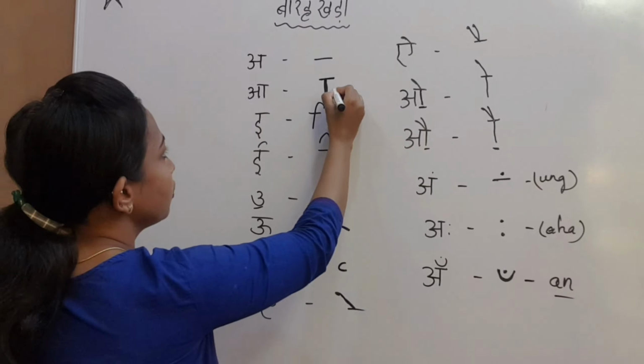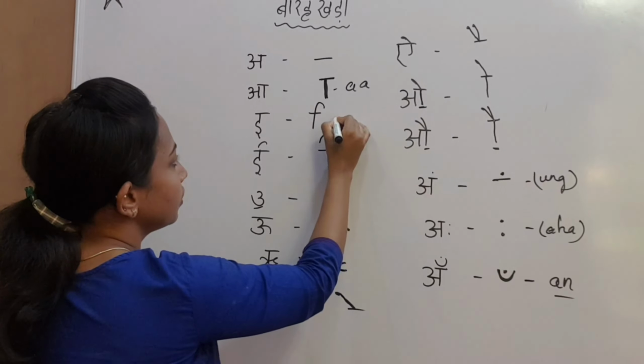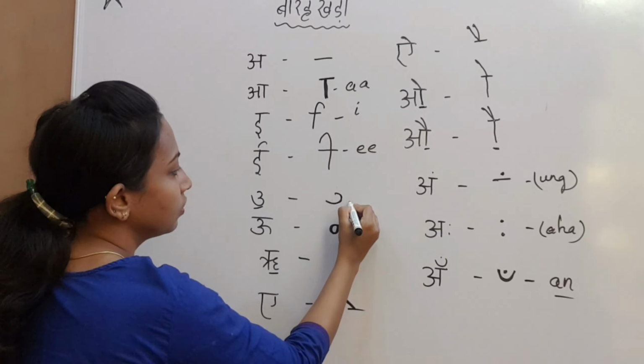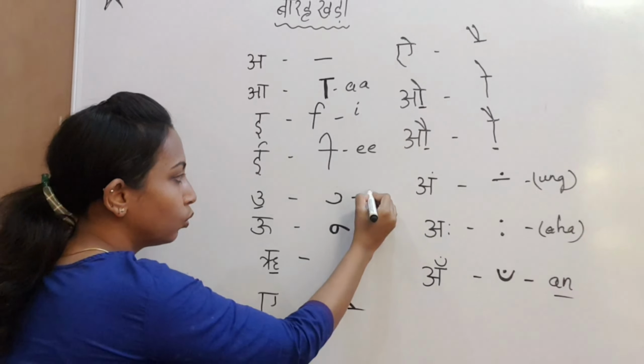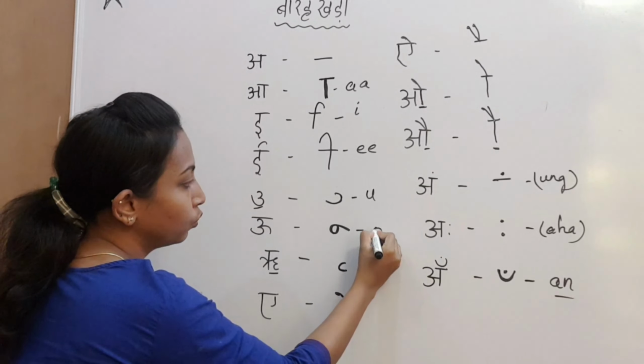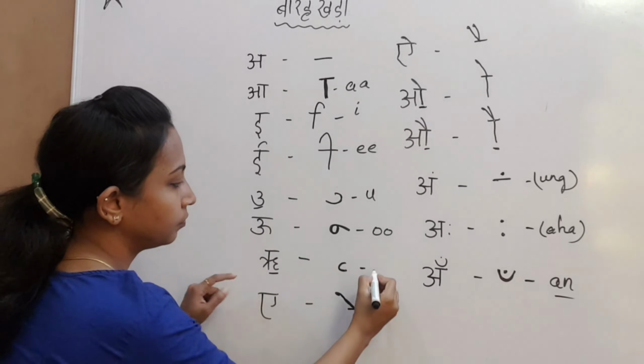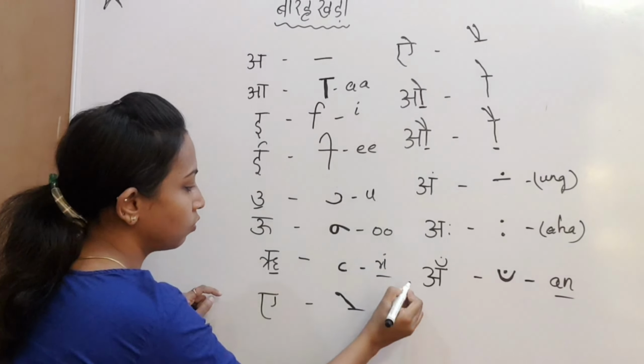Okay, so the first one gives you an a sound, next one i sound, next one ee sound, next one u sound, next one oo sound, and this one is ri sound.